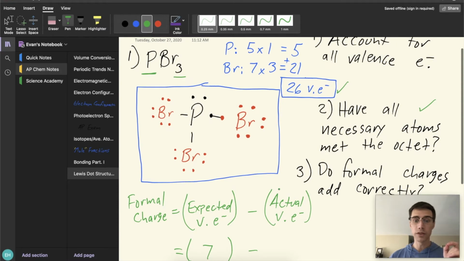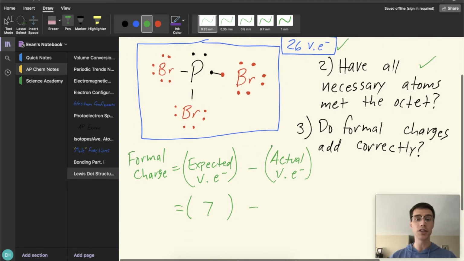So this number, the actual valence electrons, is only going to come from our red electrons around any of the bromine atoms, okay? So this bromine actually has 1, 2, 3, 4, 5, 6, and 7 valence electrons, okay? Again, because this black one does not count.